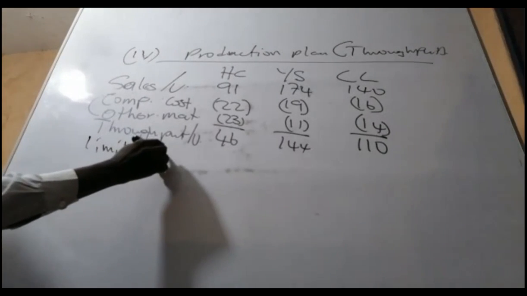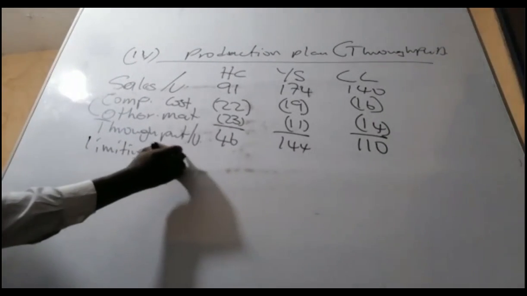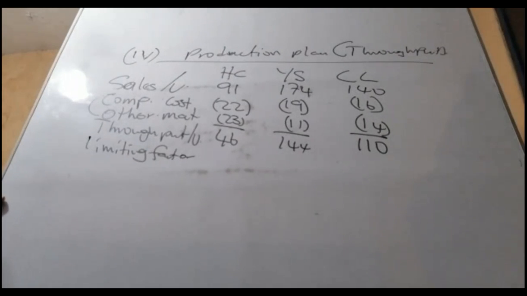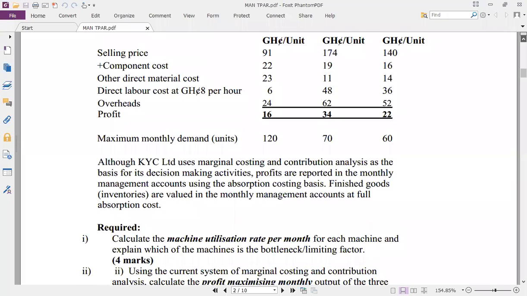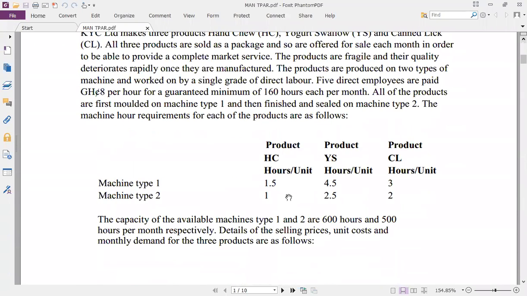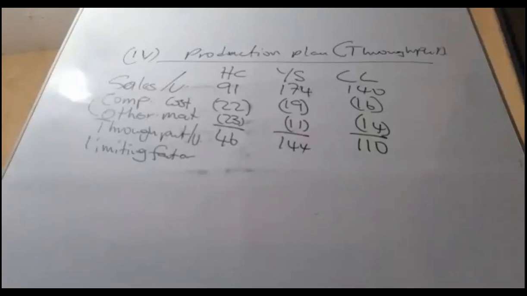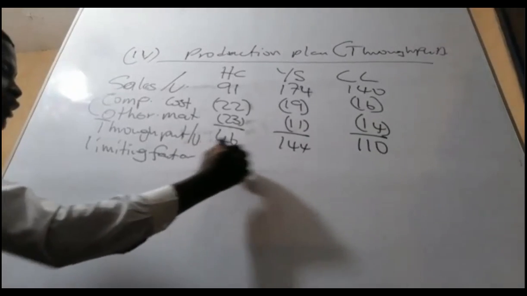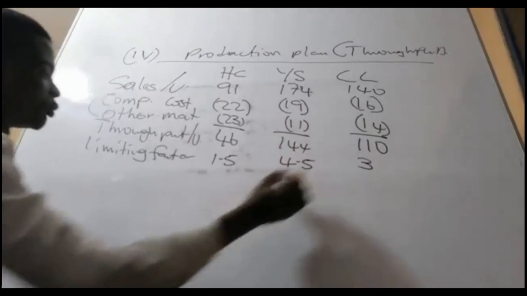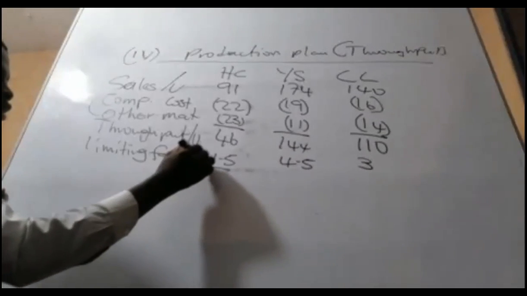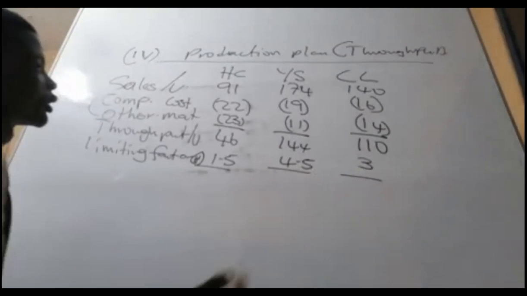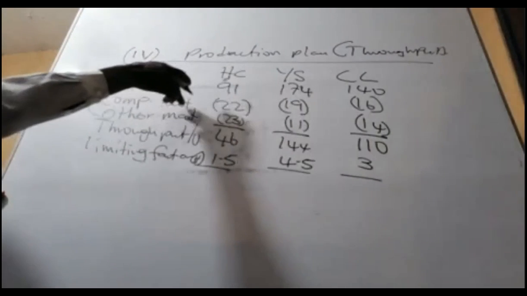Let me write it in full. You know the limiting factor was machine type 1. So the limiting factor hours are 1.5, 4.5, and 3. They are in hours, so you can indicate that it's in hours, while all of these are in Ghana cedis.